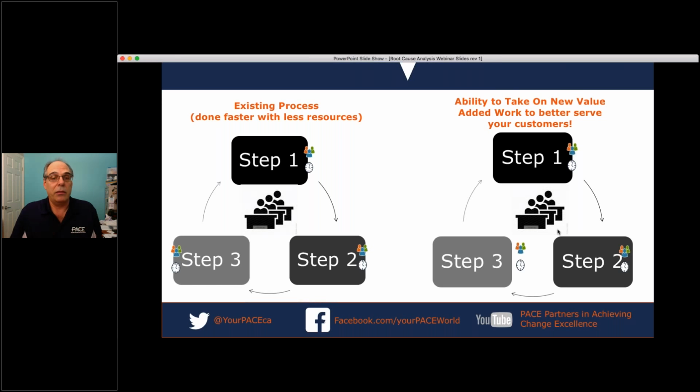Whether we're providing human services or an actual part of some kind, we all have customers, even internal customers within our organization, and we'd like to make those processes easier to follow and more efficient, so we can do more with the same amount of resources.